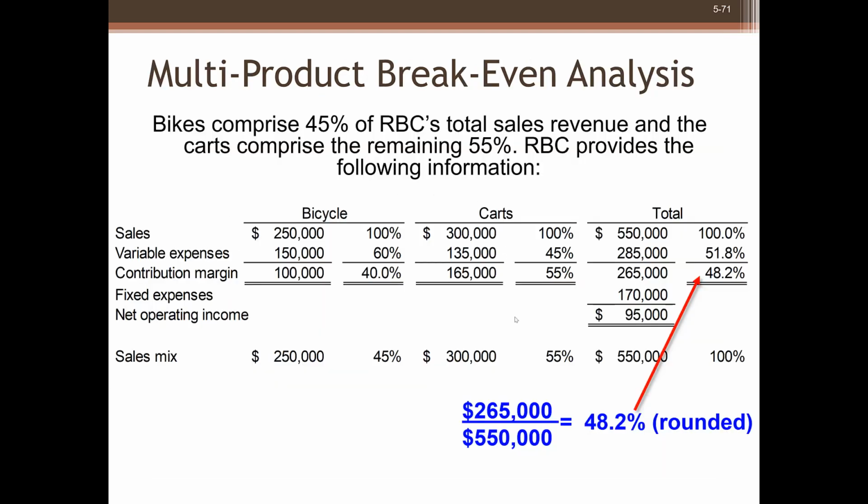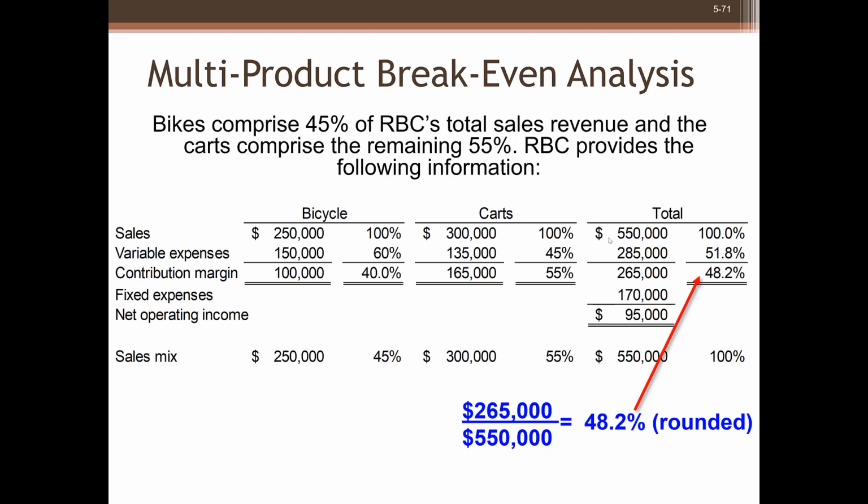Let's take a look at the calculation. RBC provides the following information. For those two products, bicycles and cards, we have total sales, variable expenses, and total contribution margin, respectively. And then we also have variable expense ratio and contribution margin ratio for bicycles and cards, respectively.